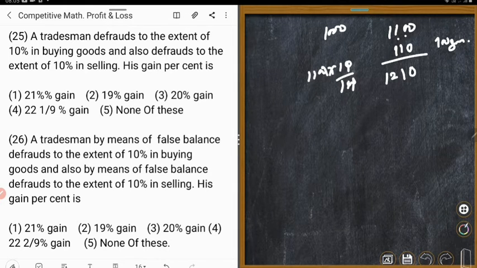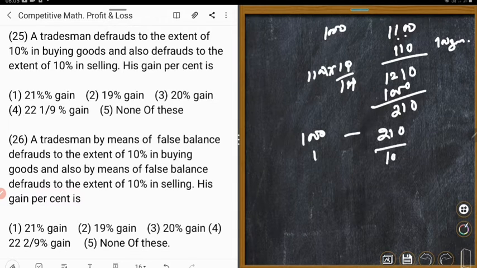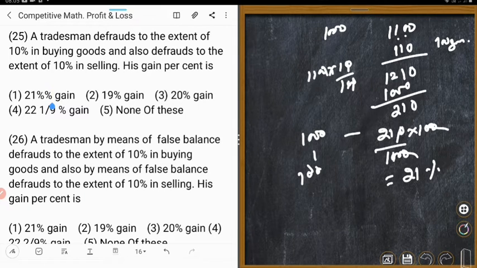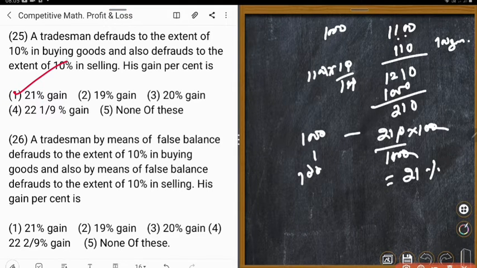But he actually has paid 1000 price, that is 210. So in 1000 gram he makes profit 210. 210 upon 1000 into 100 is equal to 21%. Right? Which one is correct? 1. That is just 1 minute. Here double entry has been made. Number 1 is correct. Right?